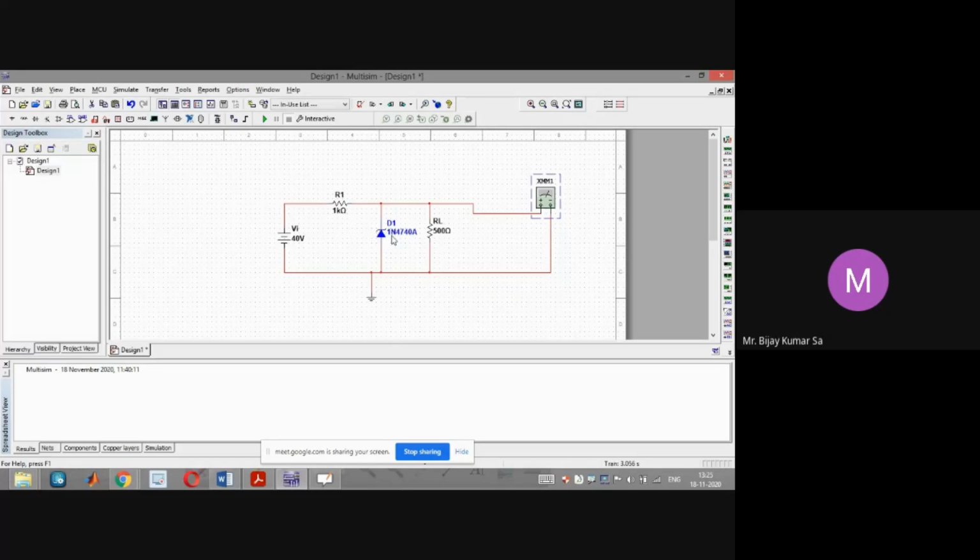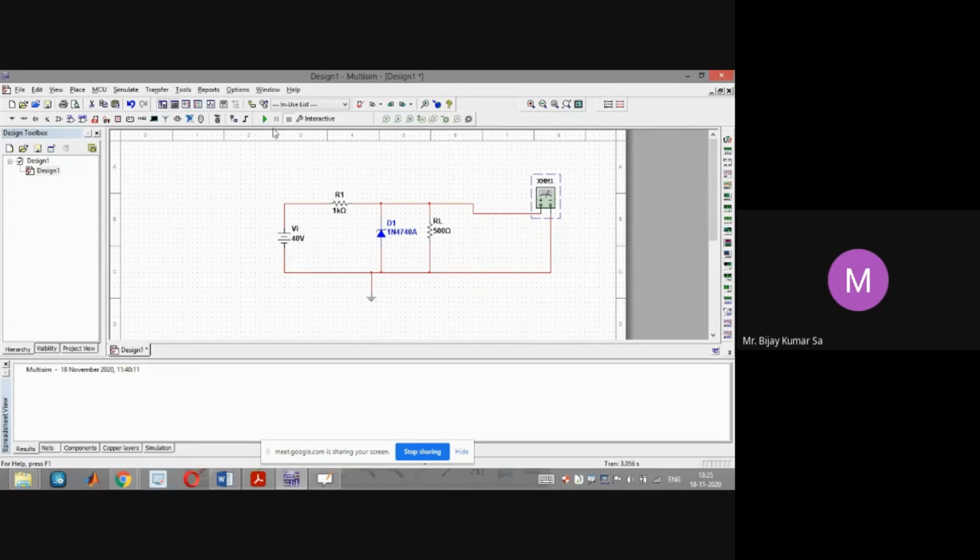When the zener diode is turned on, the output, the voltage potential difference across these 2 points, has to be equals to the VZ, the breakdown voltage of the zener diode, and the VZ is 10.05 volt. That is the value of VZ for this zener diode.